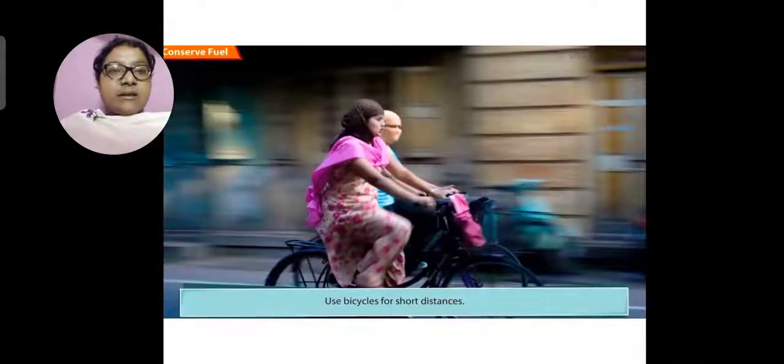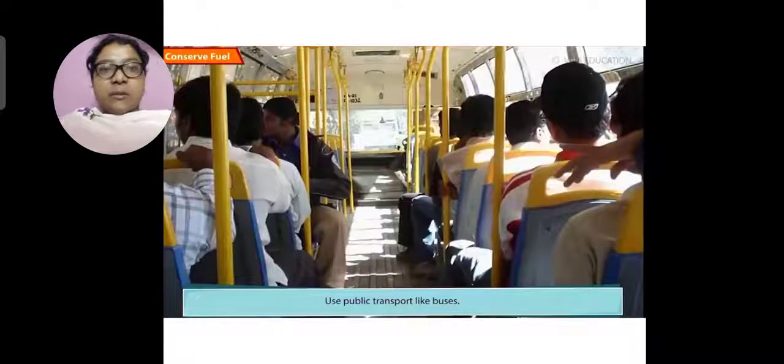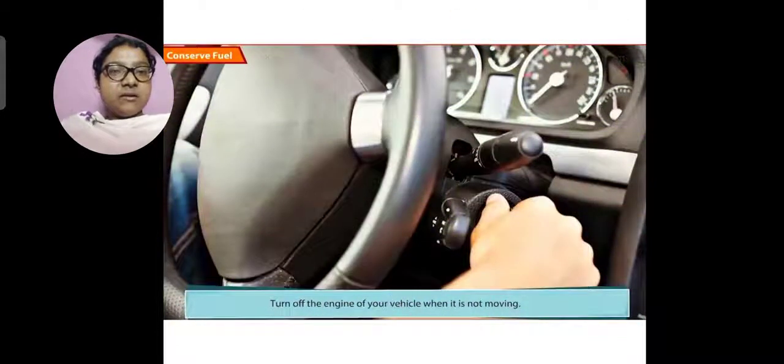We can use bicycles for short distances, and we can use public transport rather than private vehicles, because in public transport we can accommodate many people with the same fuel. We should turn off our vehicle engines whenever we are waiting at traffic lights, at traffic signals.